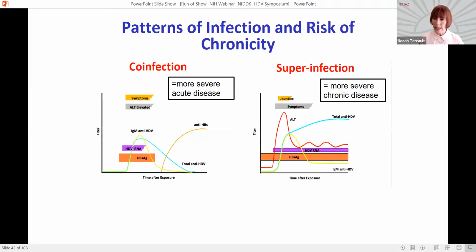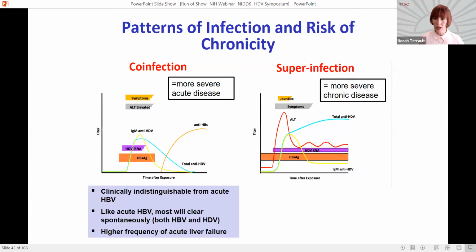In thinking about that, it's important to realize that we have two patterns of infection that are recognized, and they differ very much in terms of their risk for chronicity. So shown on the left is co-infection, where B and Delta are acquired at the same time. With this particular presentation, it really is indistinguishable from acute hepatitis B. Unless you test for Delta, you may not even know it's there.